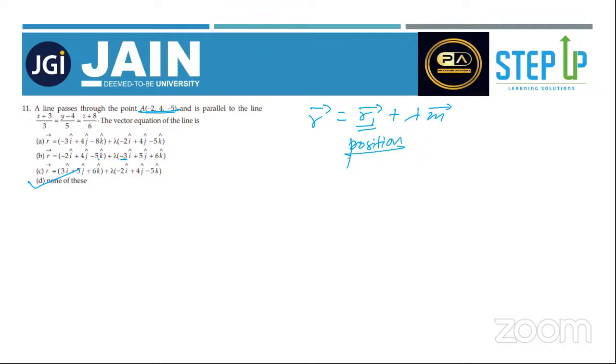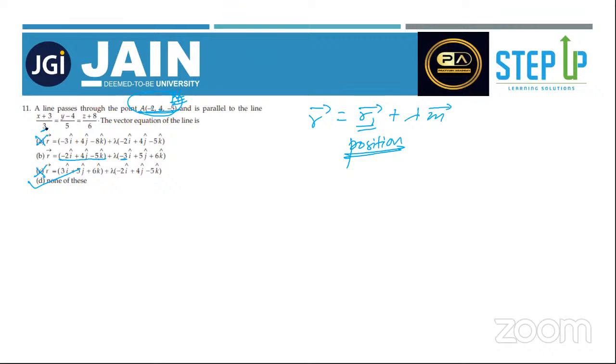This is the position. So here the position means the point, correct? So it is passing through this point. So here it is like -2i plus 4j minus 5. So that is happening only in option B, correct? So option C and option A is not possible.